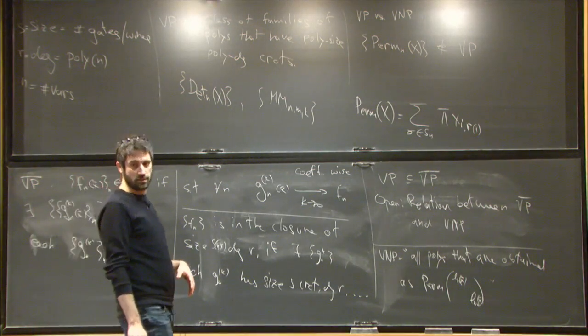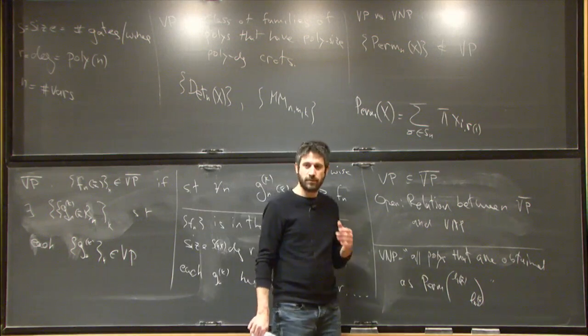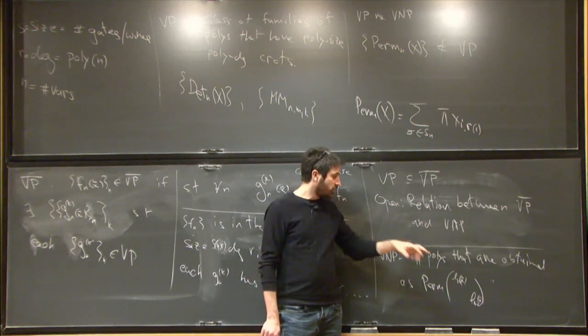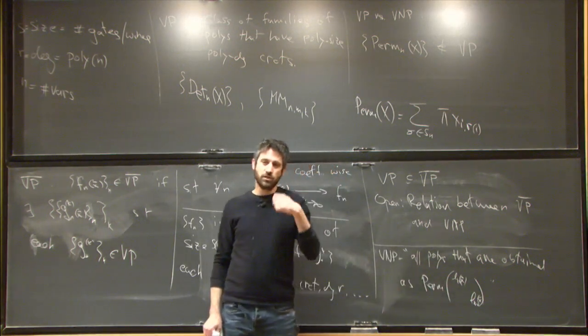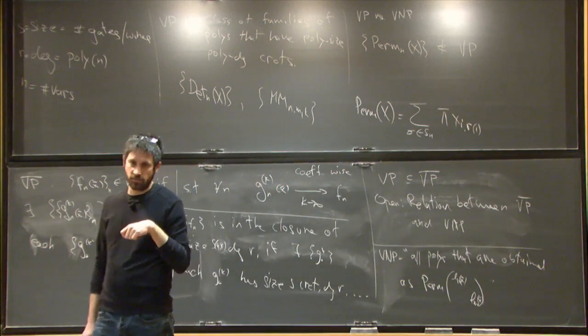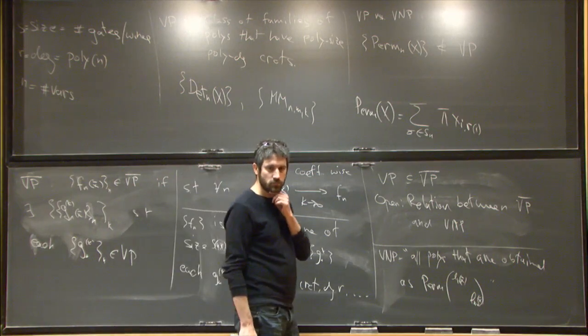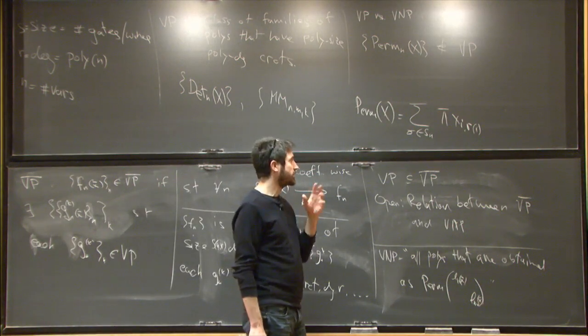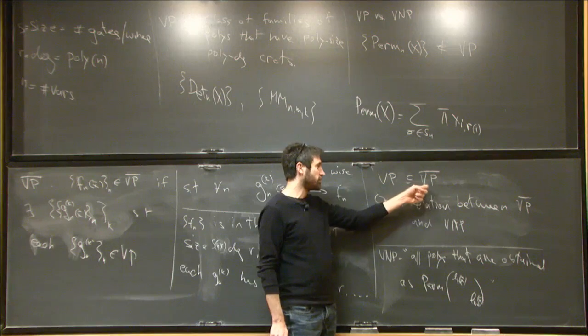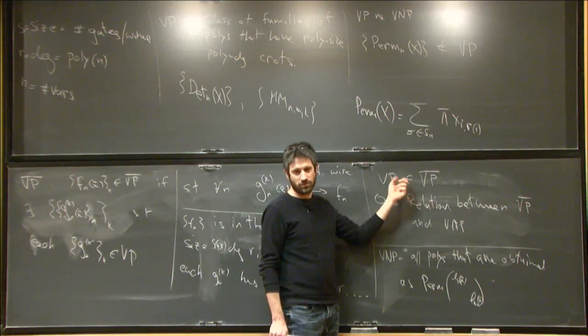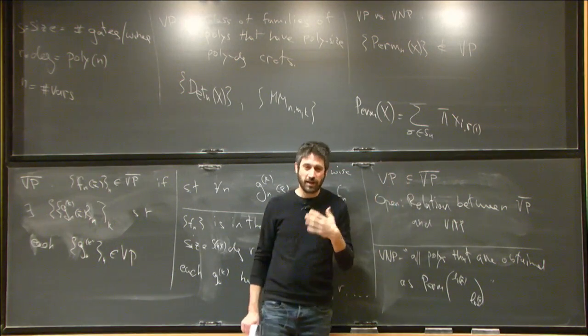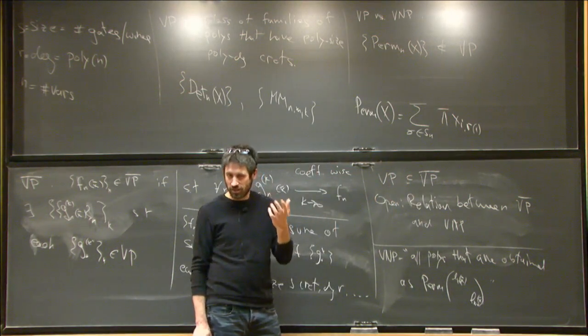Why can't you just take the limit of the permanent? Because again, it depends on the coefficient. Some coefficients can go to infinity. You'll see an example. To show something is here and not here, you have to give a lower bound, and we don't. In VP bar, I'll show you something else about tensor rank.